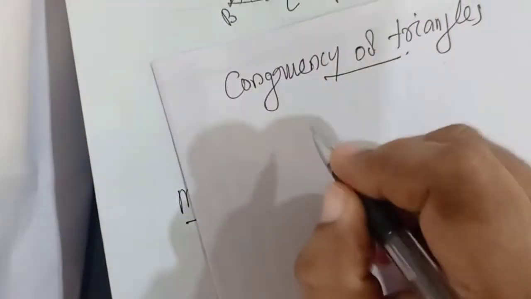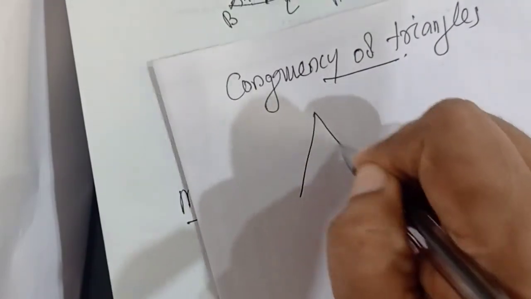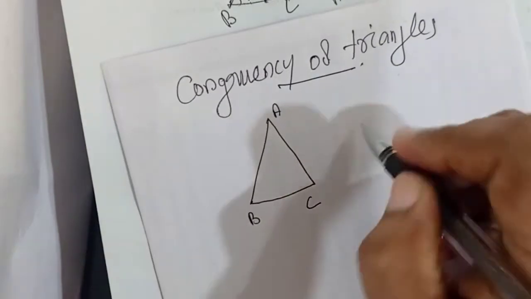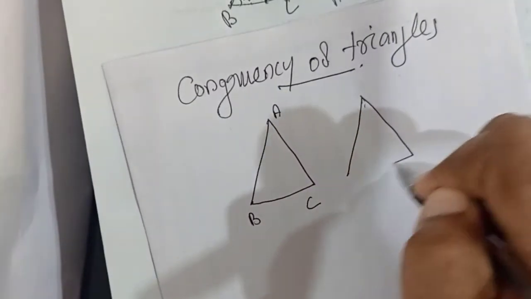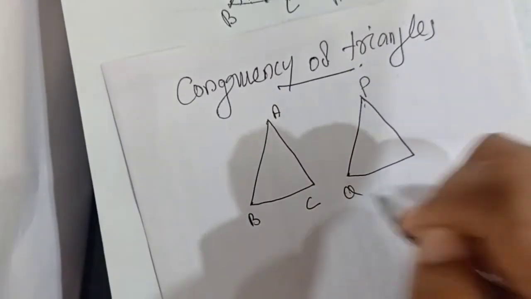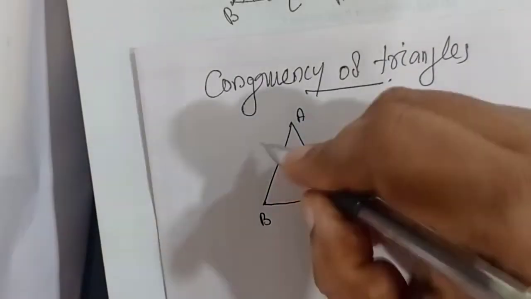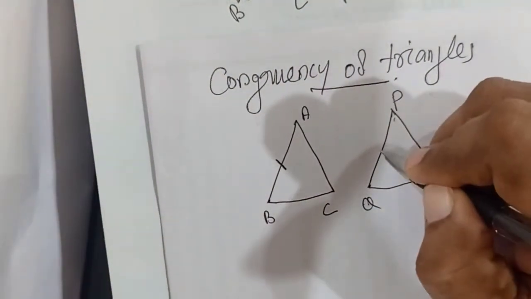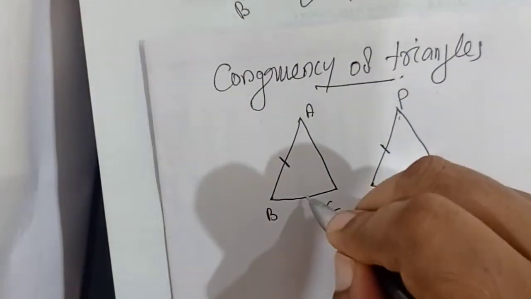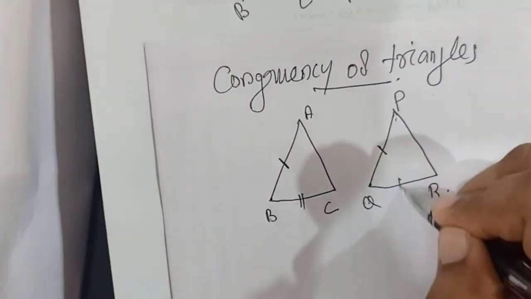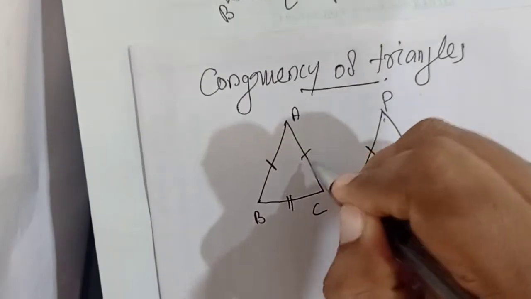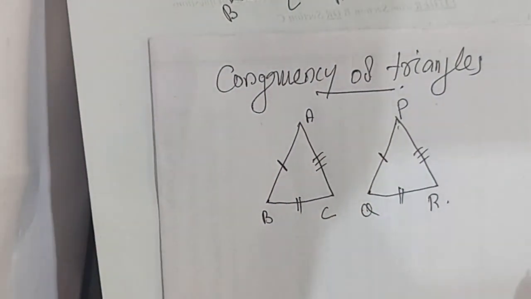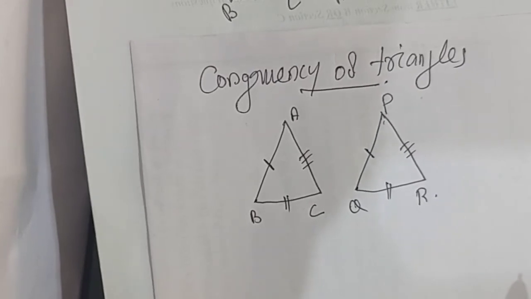I will draw the figure. All of you look at the board. ABC is a triangle, and I draw another triangle PQR. On side AB I draw one mark, and the same on PQ. Then BC 2 marks, here also 2 marks. AC 3 marks, here also 3 marks. Can you say what is the meaning of this marking?